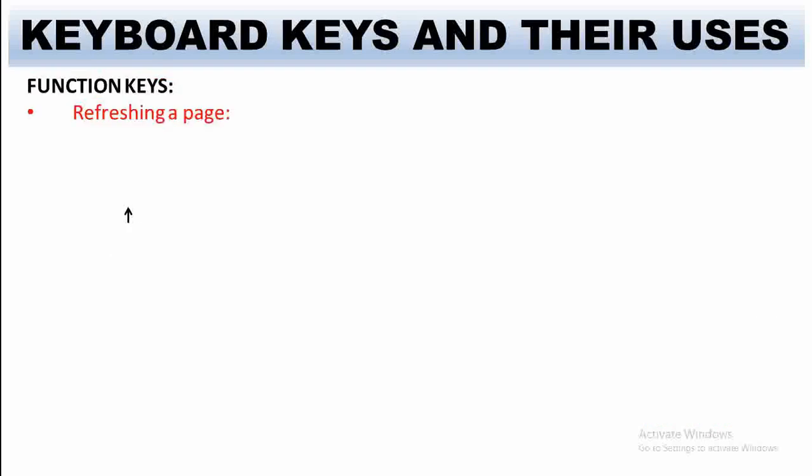When we are browsing and it is hanging, we want to refresh the page, we can use the function key F5. If we press F5, it will refresh the page. If we want to close a program, we can use Alt F4. We press down the Alt key, we press F4, it will close the program. So those are some of the functions of the function keys.